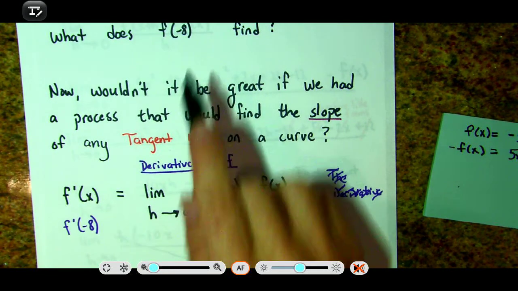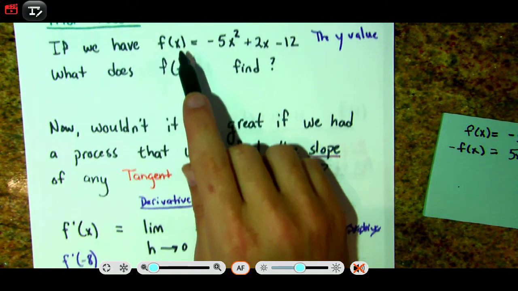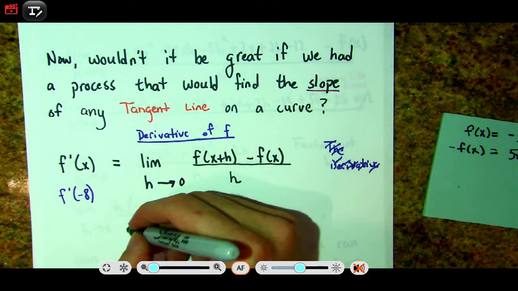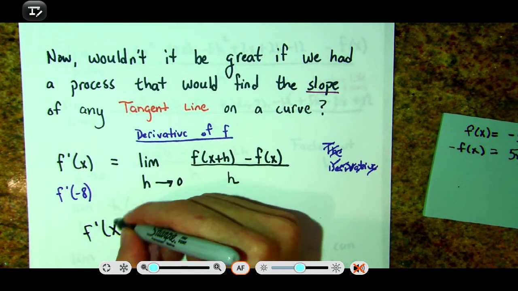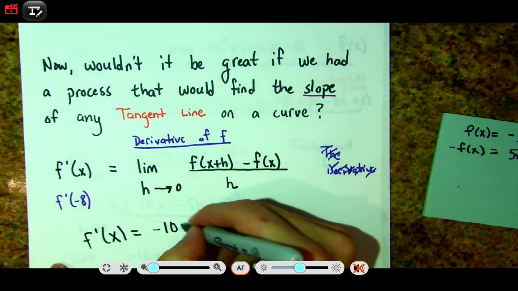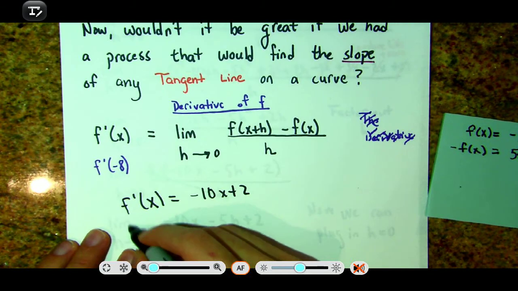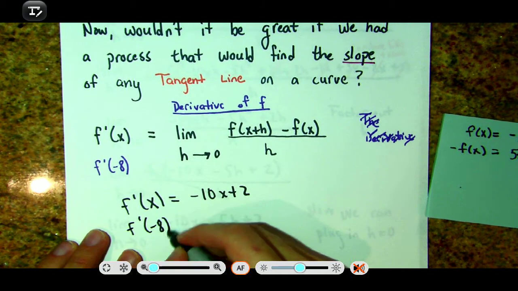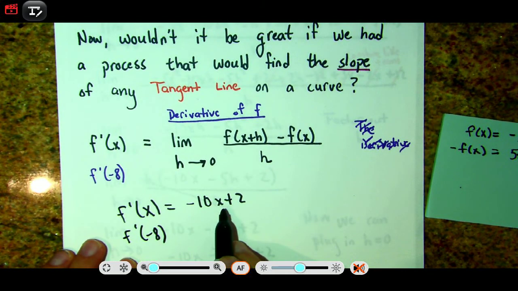Now that we know the derivative f prime of x is equal to negative 10x plus 2, if I put negative 8 into this function here, it tells me the slope of this line at negative 8.